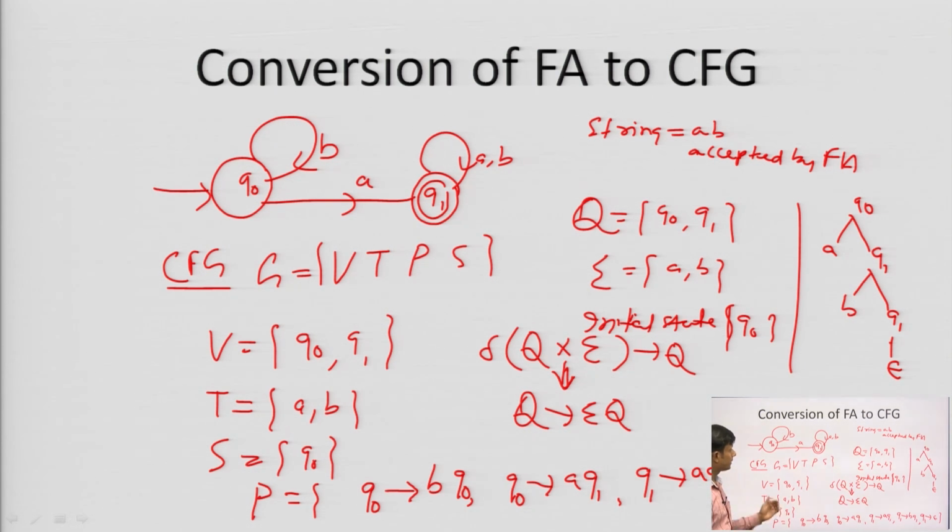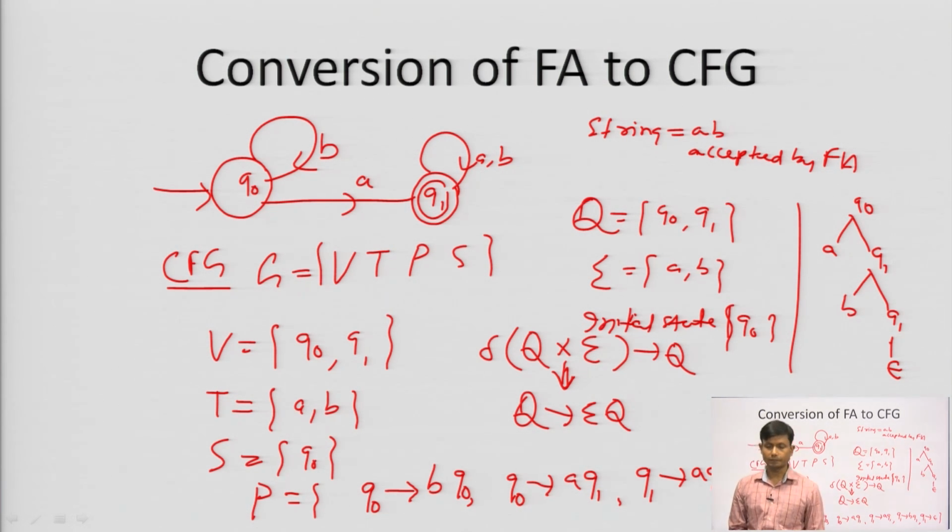Like that we can convert any DFA or finite automata to context free grammar. This is the process for finite automata to context free grammar. Now we have another case: if a regular grammar is given, how do we convert it into finite automata? We already know that regular grammar, regular expression, regular language and finite automata are all equivalent.